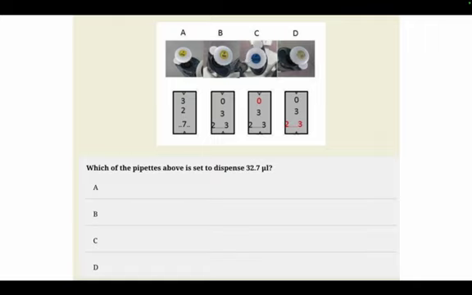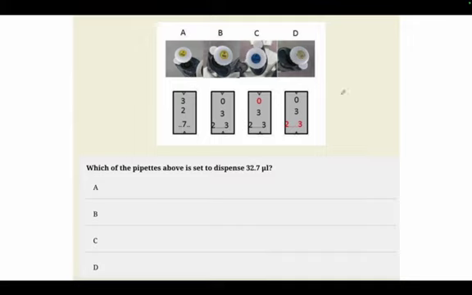So if this is a P1000, that means it dispenses 1000 microliters. So this is going to refer to the thousands.